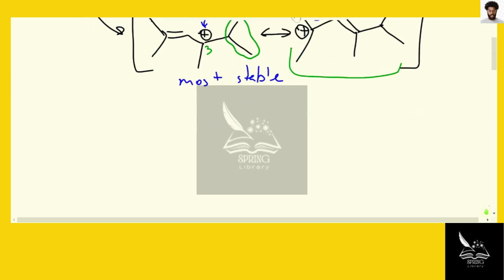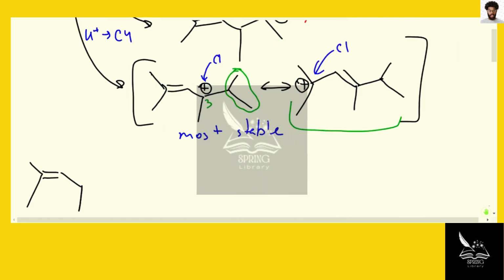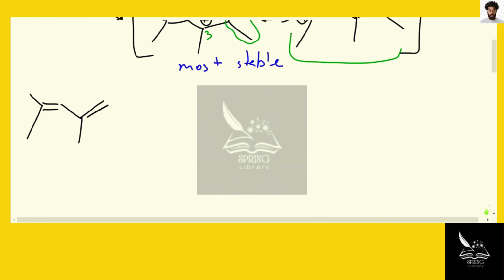Therefore, we can conclude that the product of the reaction between the given diene and HCl is the following product. So it's basically this one.